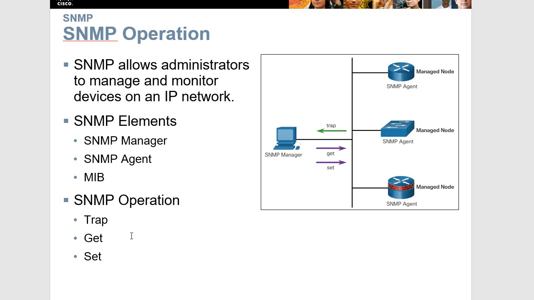In addition, SNMP agents can forward information directly to a network manager without being asked, by using a trap message that can be sent without the get being sent in the first place. So this manager is going to send that get and set. The agent is going to send the trap message back.